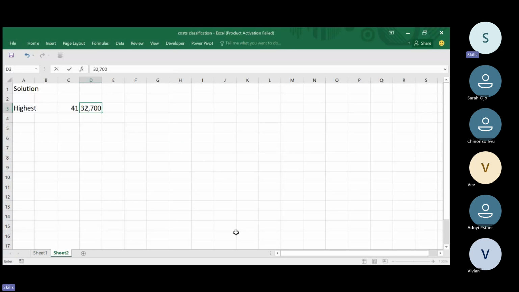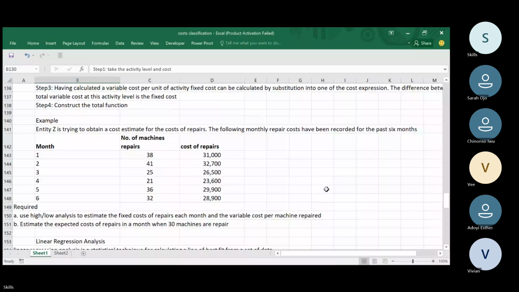Then which is the lowest? We have identified the highest now. So which is the lowest number of machine repairs? The lowest is 21, with the corresponding cost of 23,600.